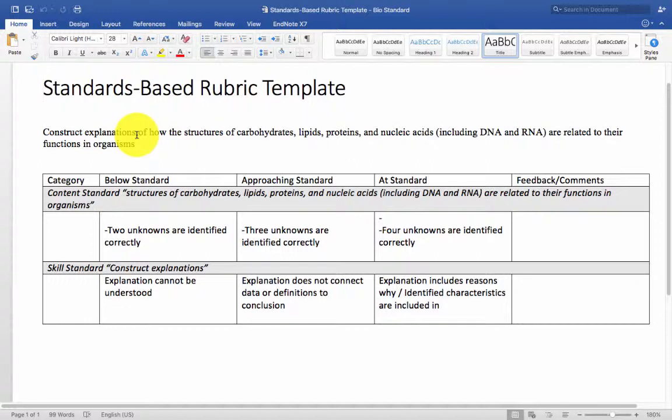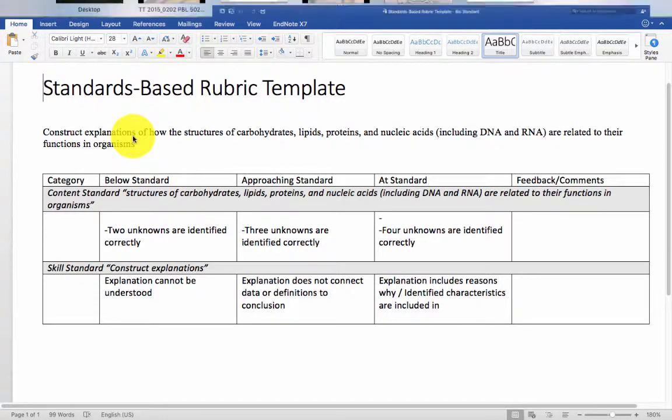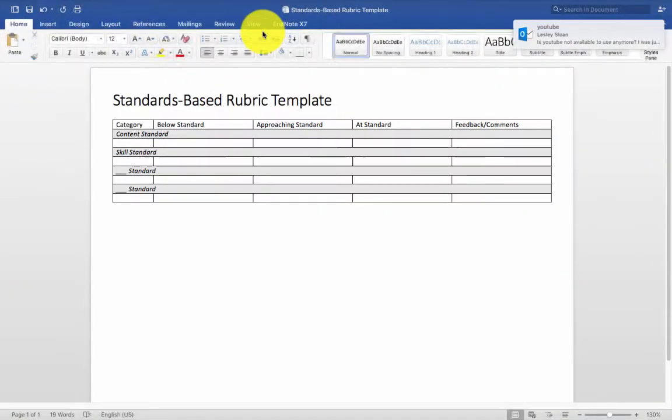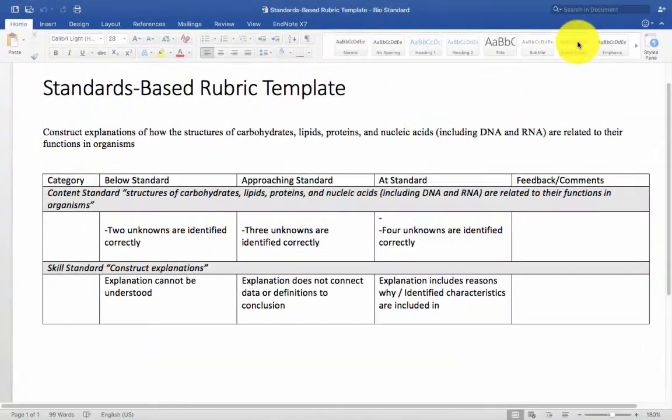We got into a good discussion here about whether or not our lab activities are having students construct explanations. And that led us, again, to talk about how we can have multiple standards addressed when we're doing a lab, for example. But we have to remember that we're held to students being able to construct an explanation.